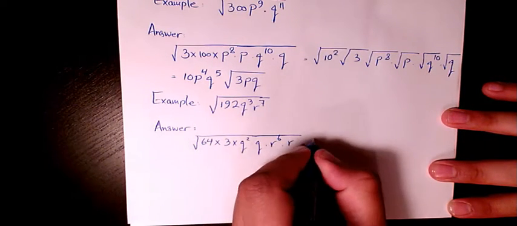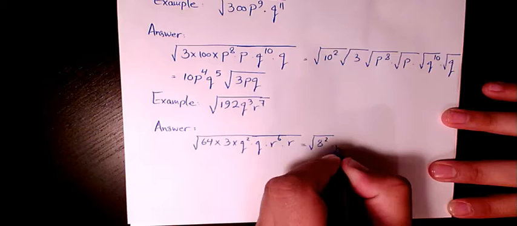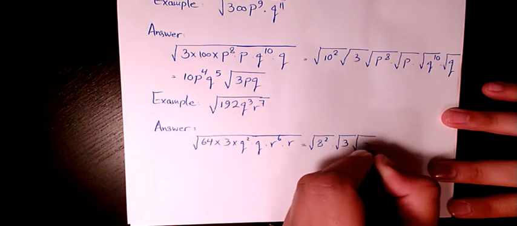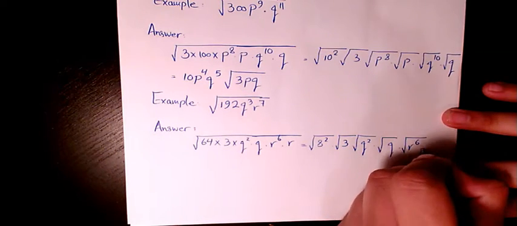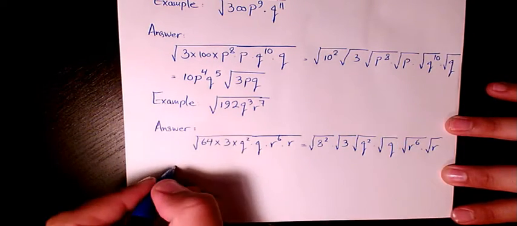So that makes it 8 squared 3 q squared q r to the power of 6 and r.